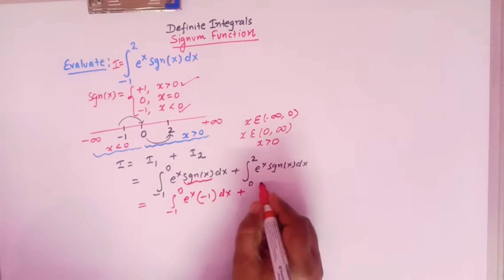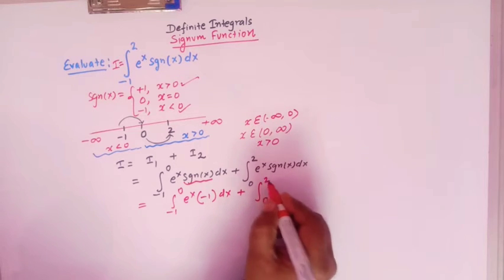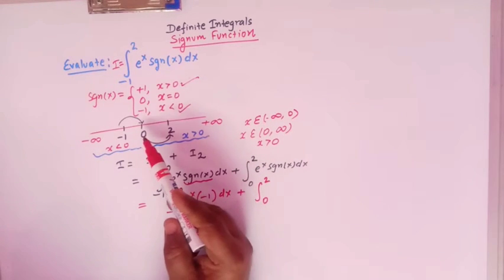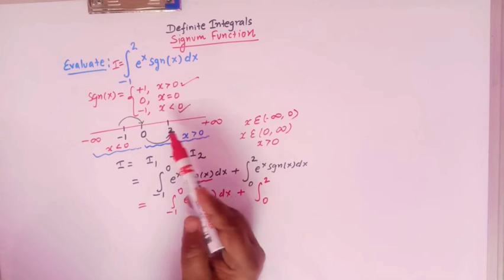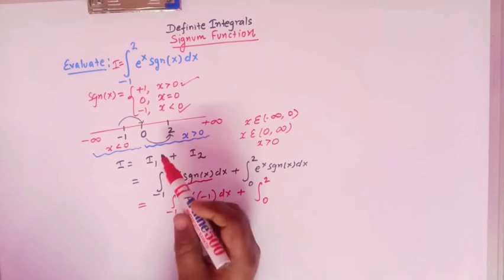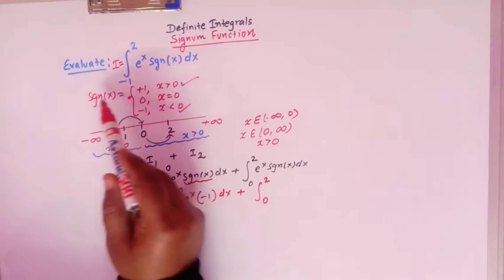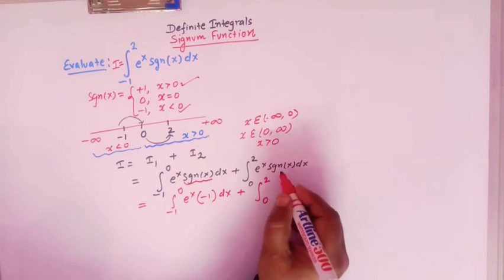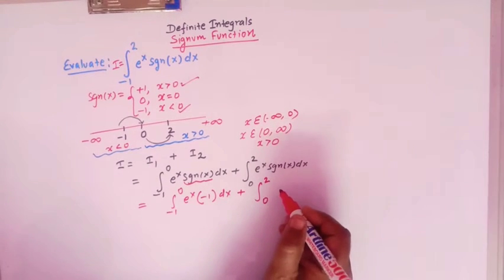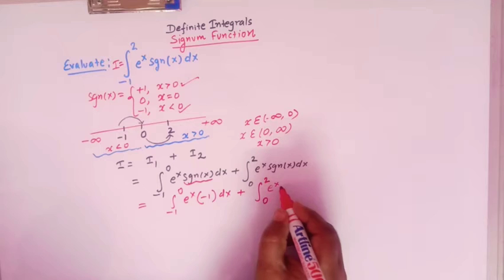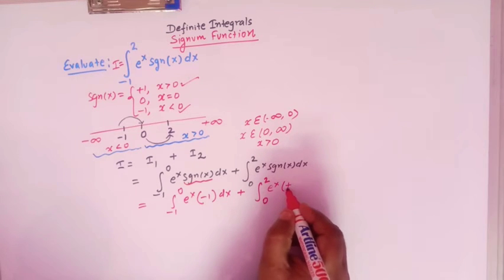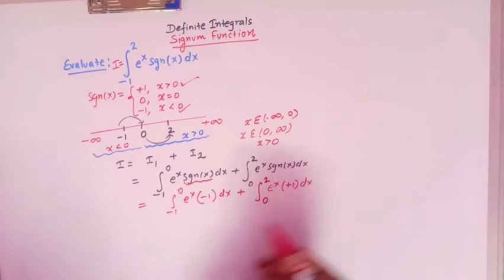In the second integral, from 0 to 2, x is greater than 0, so signum of x will take the value +1. So we have e raised to x, and here we have +1 and dx.